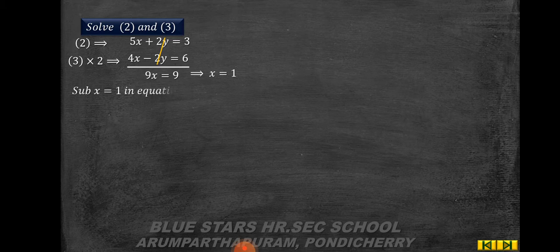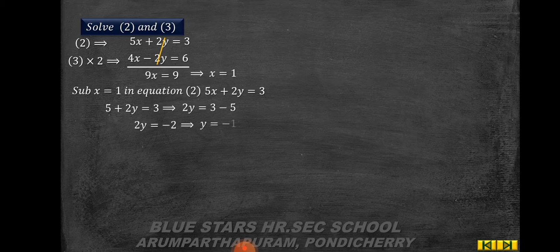Substitute x is equal to 1 in equation 2. Equation 2 is 5x plus 2y is equal to 3. So, 5 into 1 plus 2y is equal to 3. 2y is equal to 3 minus 5. 2y is equal to minus 2. Therefore, the value of y is equal to minus 1. Therefore, the vertex B is 1, minus 1.